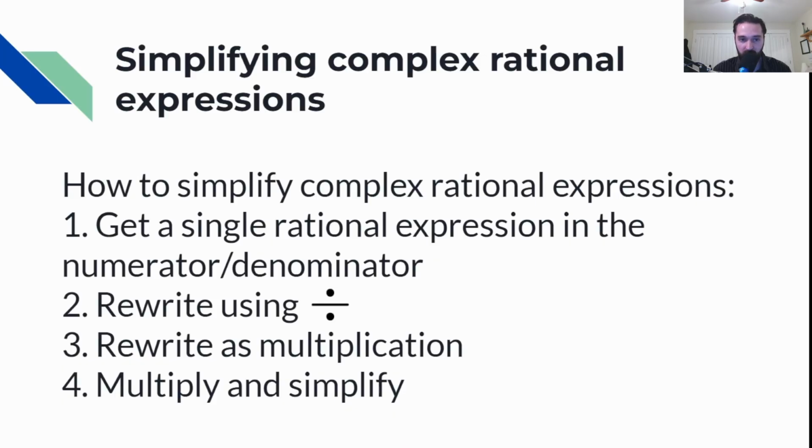Then we rewrite the problem using the division sign, because rational expressions are division problems. And then we rewrite as multiplication. We multiply by the reciprocal. And then we multiply and simplify. So this is our recipe we're going to follow when we simplify complex rational expressions.